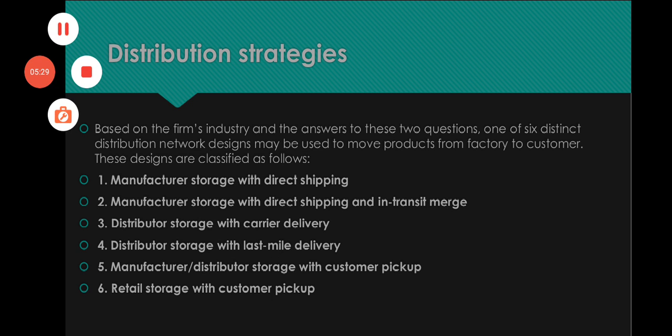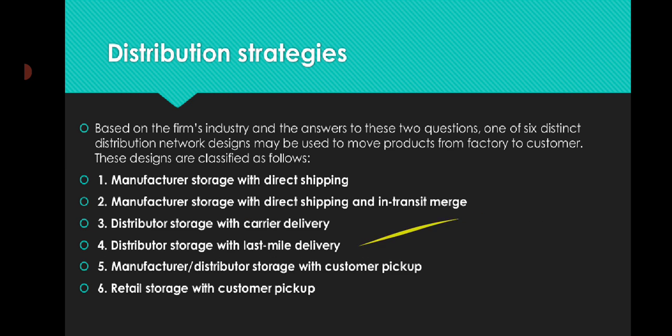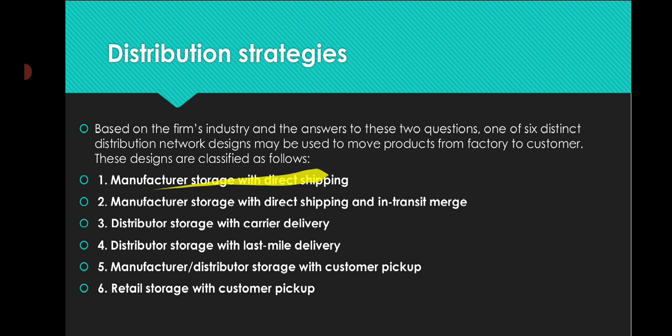Distribution strategies. Based on the firm's industry and the answers to those two questions, one of six distinct distribution network designs may be used to move products from factory to customer. These designs are classified as follows. First, manufacturer storage with direct shipping.